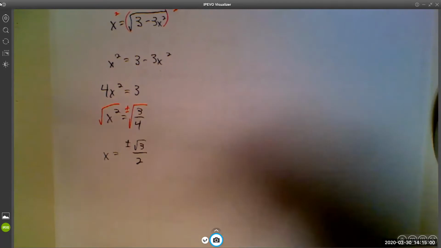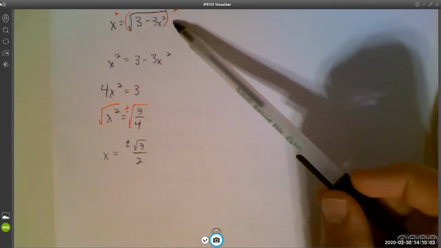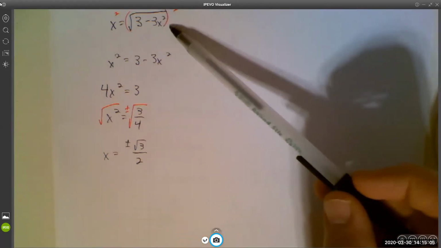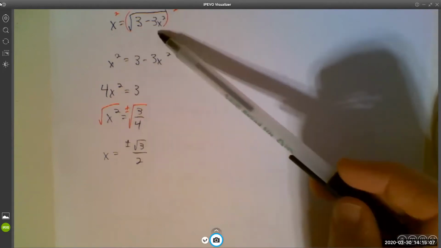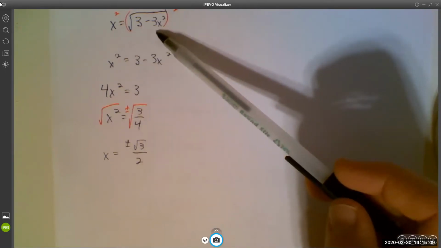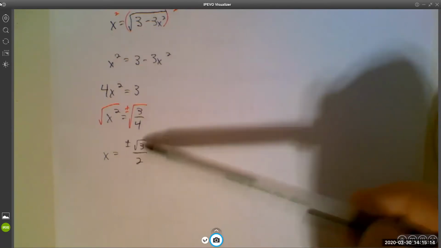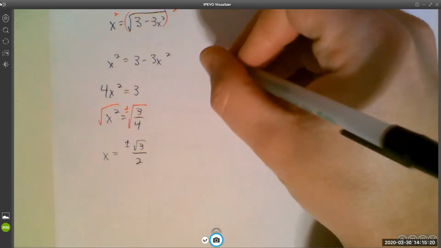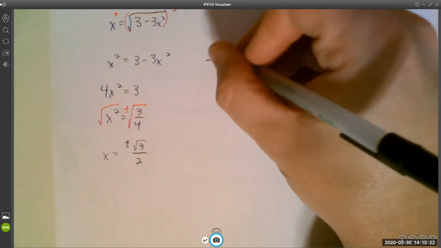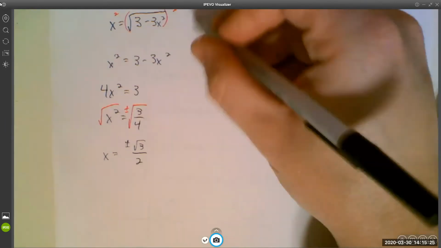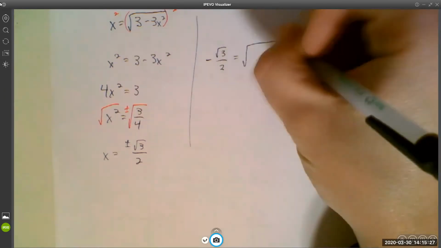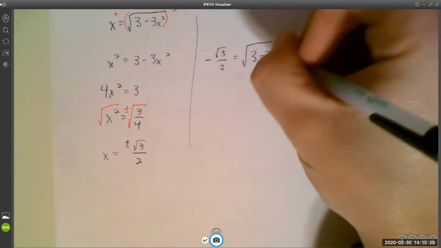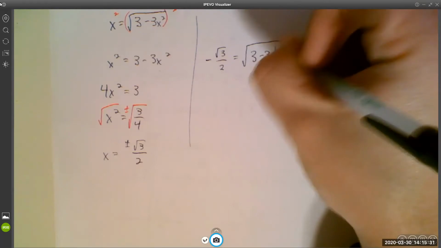Now, since I squared both sides of the equation at this step, I really should plug these back in here to make sure that they're both solutions. In fact, I kind of suspect that negative root 3 over 2 is not a solution, right? Because if you plug in negative root 3 over 2, you get the statement negative root 3 over 2 equals square root of 3 minus 3 times negative root 3 over 2 squared.